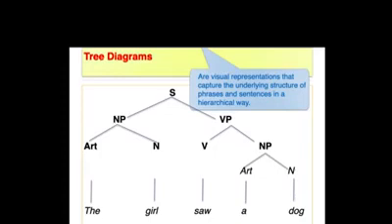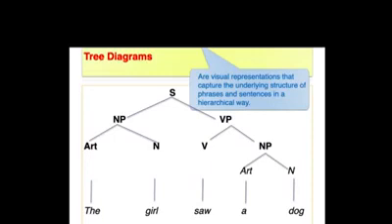We know about the hierarchy of sentences. For example, we have here "the girl saw a dog." All these constituents are included under the heading of the sentence. It stands for sentence.